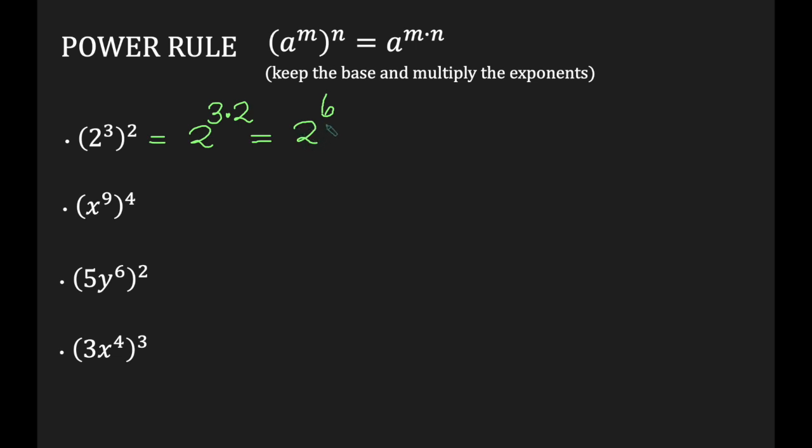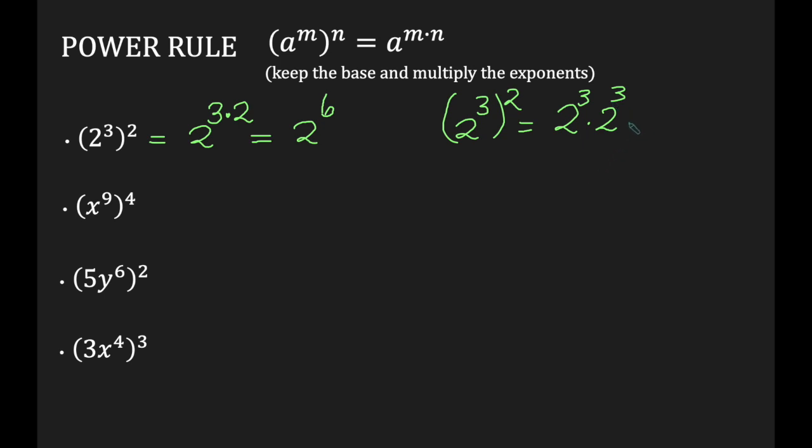Now the logic behind the multiplication of the exponents is if we take a look at what 2 to the third raised to the second power actually means. Now 2 to the third to the second power means that 2 to the third is going to multiply itself 2 times.